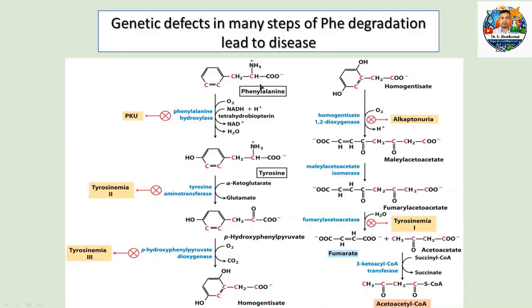We are going to see more detail regarding the degradation of phenylalanine, because many genetic defects were discovered for the first time in humans, particularly in this pathway. So historically, this pathway is important to biochemists and to some extent to molecular biologists also.